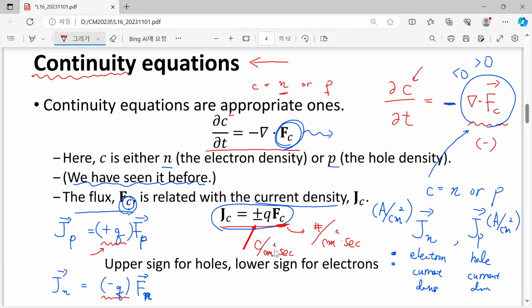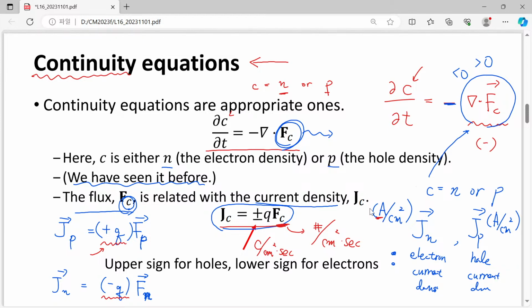As you know, Coulomb per second is typically called the ampere. So that's the reason why we have a balanced relation between two different quantities. Please check the dimensionality.